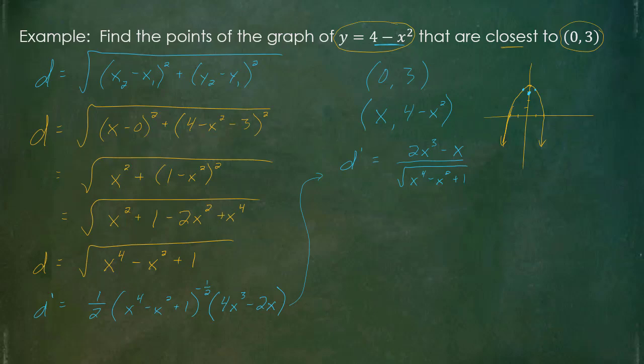So my critical numbers are again going to come from whatever makes the numerator or denominator equal 0. So if I set 2x cubed minus x equal to 0, I should be able to factor an x out and get 2x squared minus 1 equals 0. So I know that one critical number is going to be 0 itself.